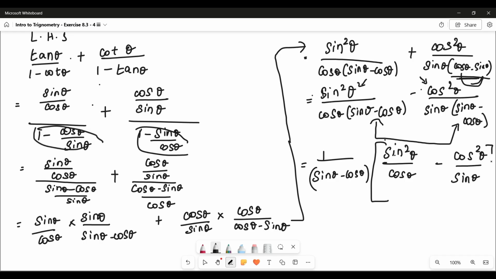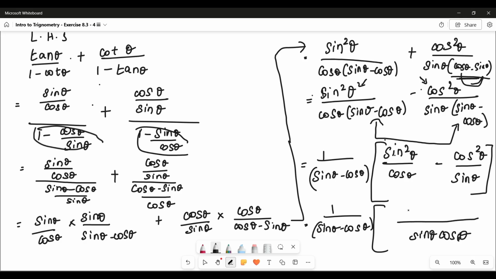The next step is I'll write the sin theta minus cos theta as it is, and take the LCM inside the brackets. When I take the LCM, you get sin theta cos theta in the denominator, and the numerator becomes sin into sin squared, sin cube theta, minus cos cube theta. This is quite a lengthy problem.